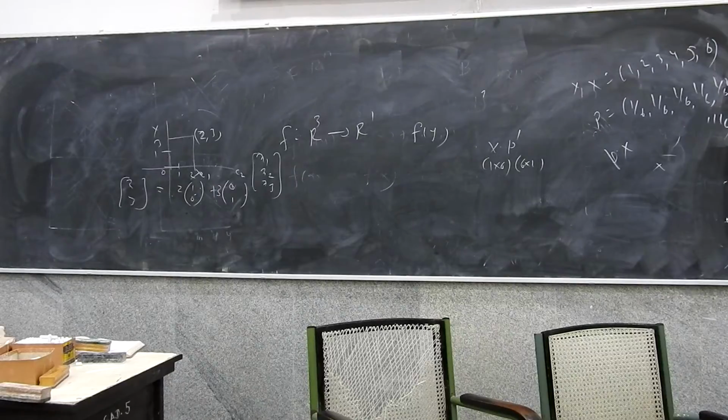E1, E2 is called the canonical basis for R2, because every point here can be represented. In general, you can have many bases. I can just turn the whole axis around at 90 degrees and some other point. But the usual one is 0, 1, 1, 0, so it's called a canonical basis.